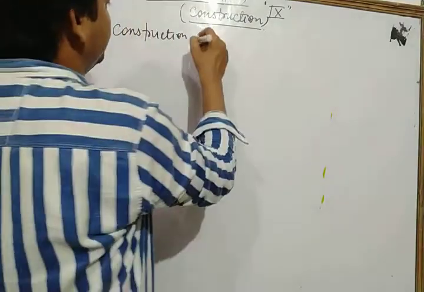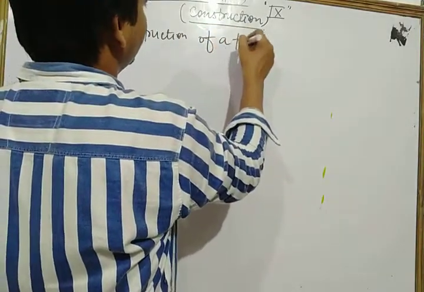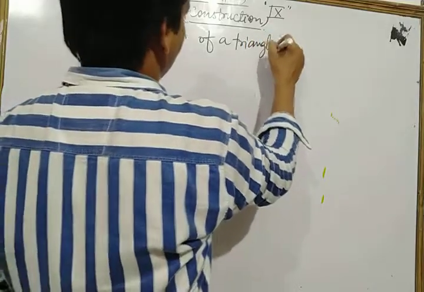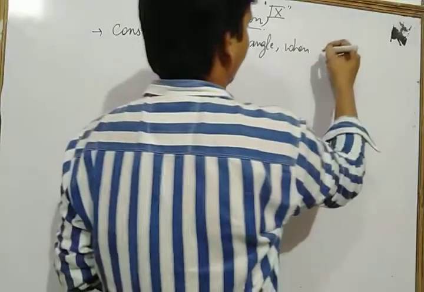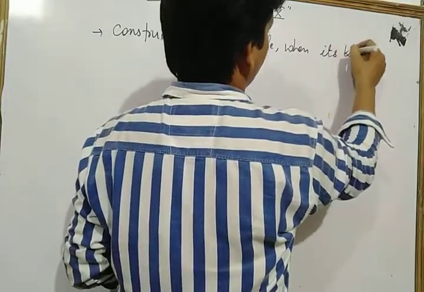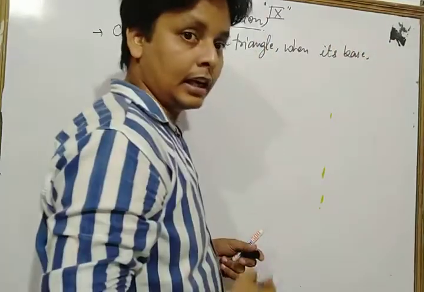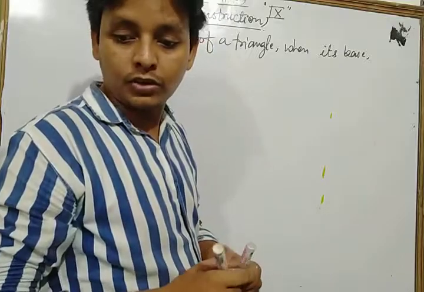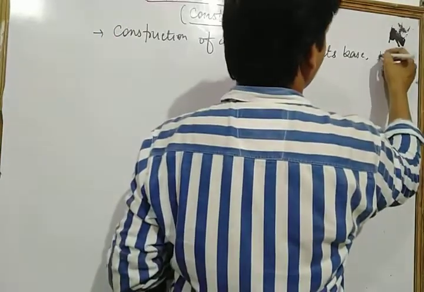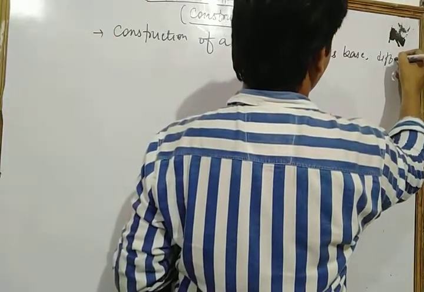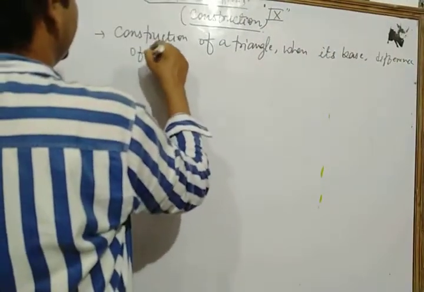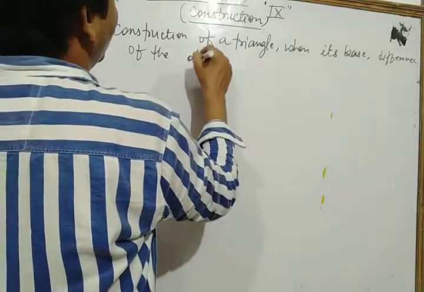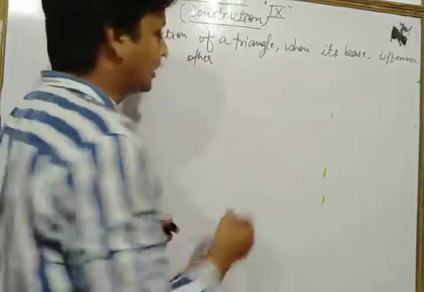Construction of a triangle when its base, difference of the other two sides and one base angle is given.